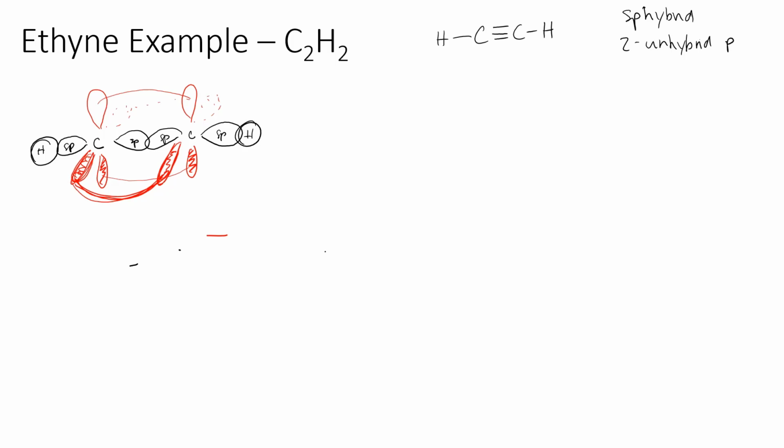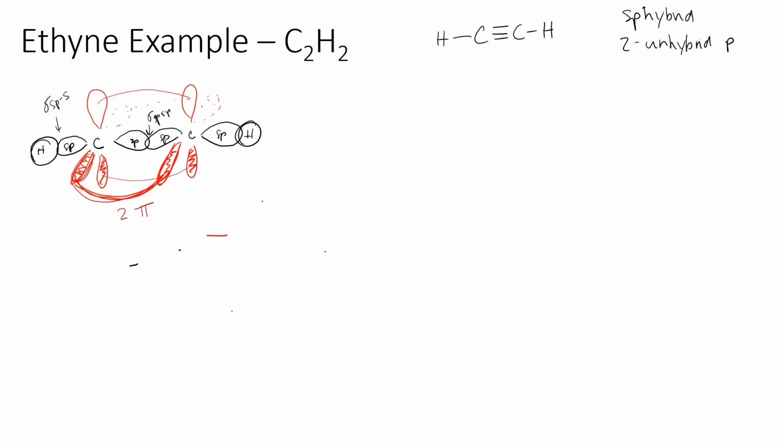So if we actually get ready then to denote all the types of bonding that we have between the carbon and the hydrogen, we have a sigma sp-s bond. Between the two carbon atoms, we have a sigma sp bond. And then we have two pi bonds between the two carbon atoms as well, one from each of the unhybridized p orbitals associated with them.